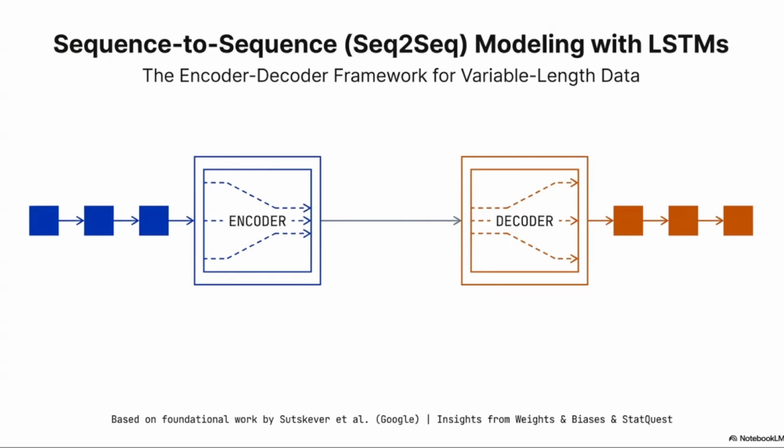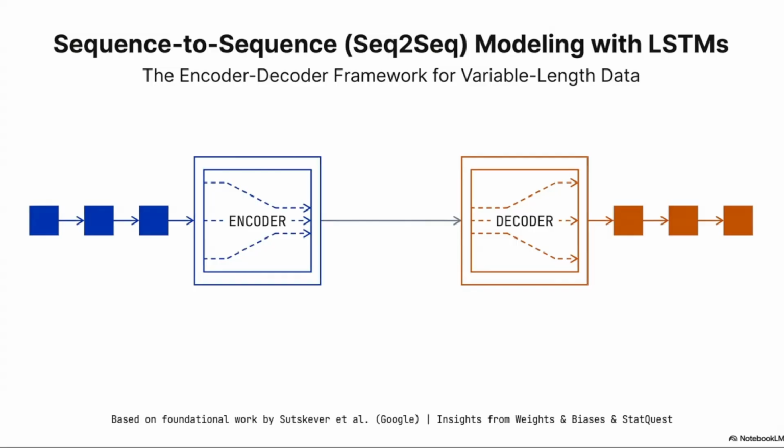Hello everyone and welcome to this new video where we're going to explore sequence-to-sequence models. This is the architecture that justifies the existence of the LSTMs or long short-term memories. It is the technology behind massive breakthroughs in machine translation, like in Google Translate.